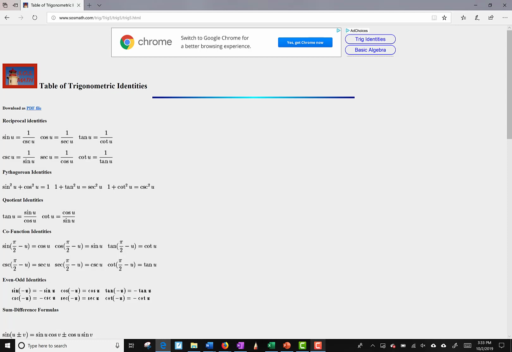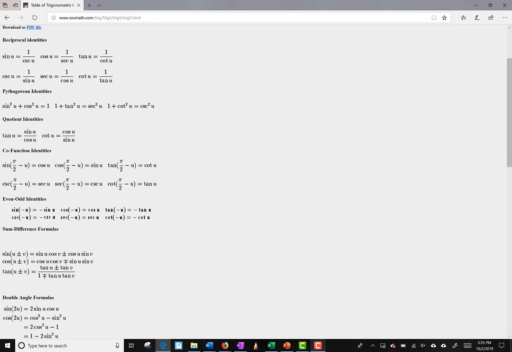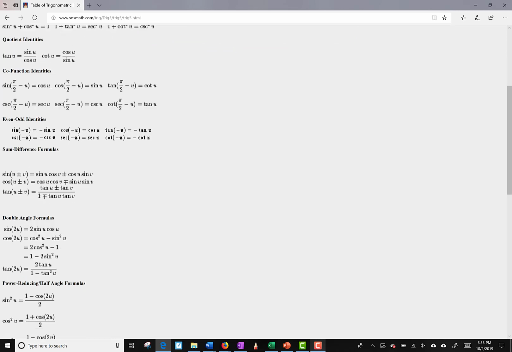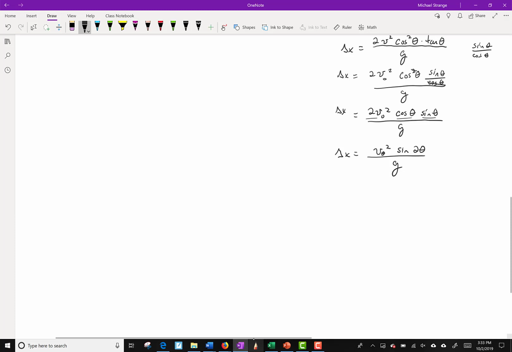Okay, so I pulled up these trig identities and we were looking for cosine sine. There it is. So right here, 2 times sine cosine is sine of 2 times that angle. So that's where this last little step came in. 2 times cosine sine is sine of 2 theta, so that's your range equation.